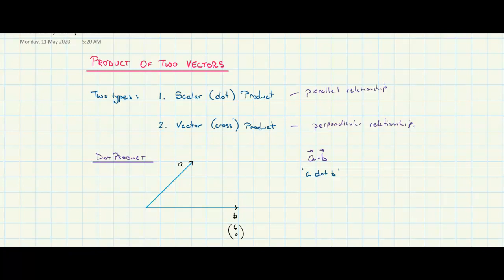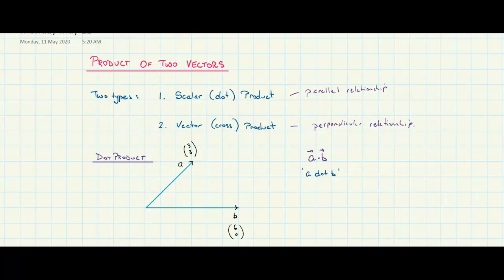I've given A as equal to (3, 3). I'm using intentionally quite specific vectors just to get the idea across, but obviously this will work for any pair of vectors. What I'm going to do is find the dot product of A and B.